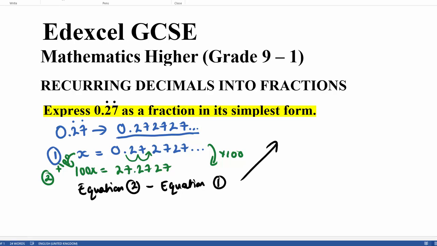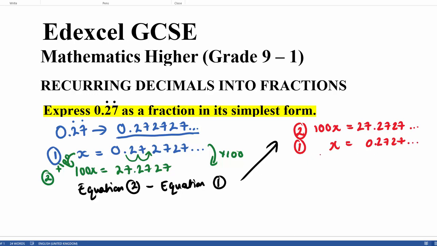I'll do it in this color. Now, so let's get equation 2 here, which we know is 100x is equal to 27.2727. And I'm going to take equation 1 away from equation 2, which we know is just x is equal to 0.2727 recurring.